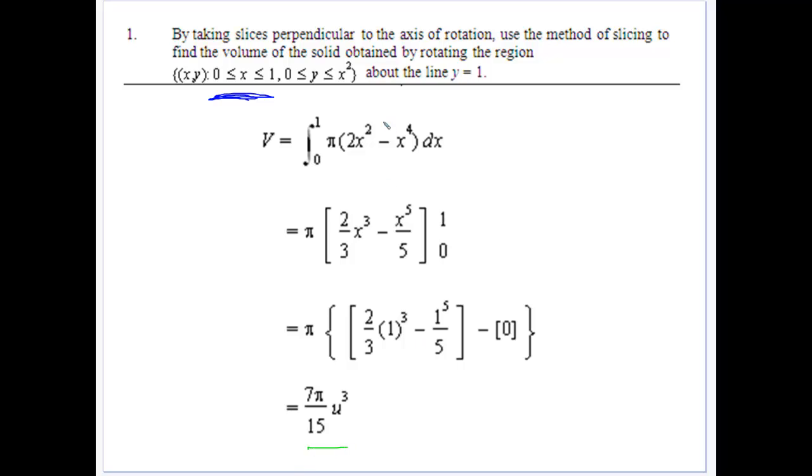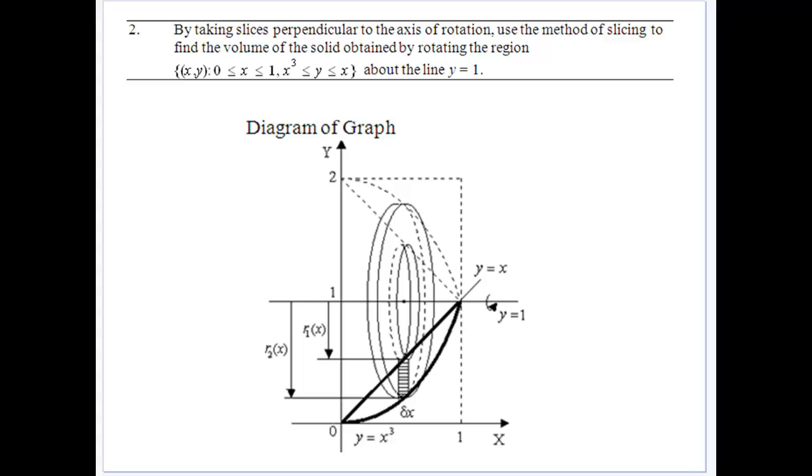So again, the key is to get the correct cross-sectional area. Everything else seems to fall into place. This time we've got y is equal to x cubed and y is equal to x, and the area between the two curves is rotated around the line y is equal to 1.